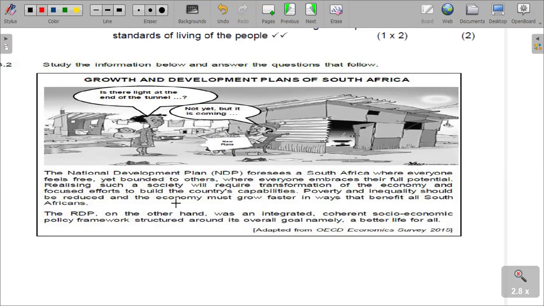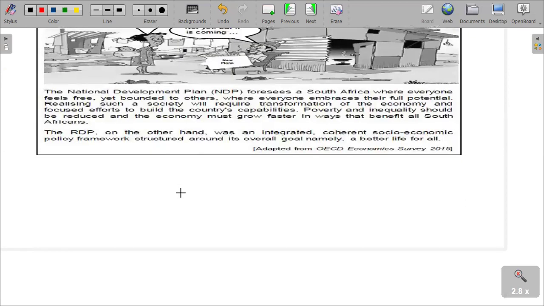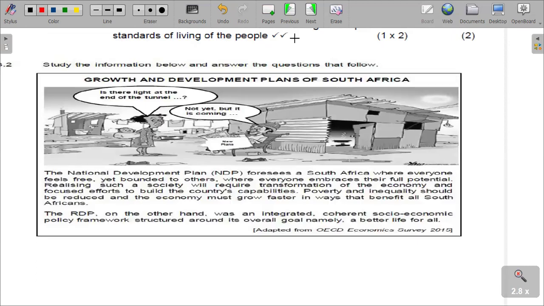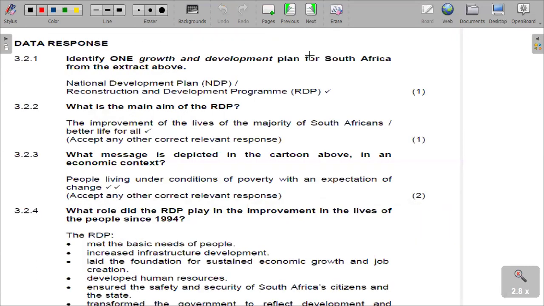Poverty and inequality should be reduced, and the economy must grow faster in ways that benefit all South Africans. The Reconstruction and Development Program (RDP), on the other hand, was an integrated, coherent socio-economic policy framework structured around its overall goal, namely a better life for all. That is our contextual question that is given here. So let's quickly answer the questions that are following.